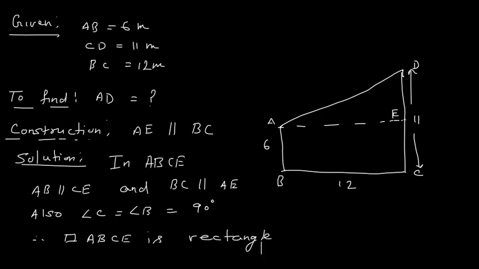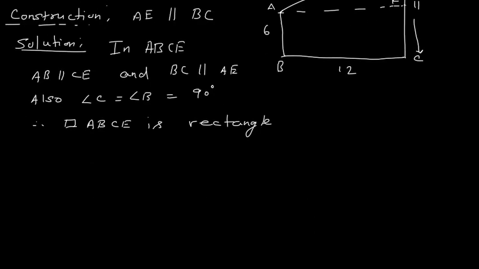So this ABCE is a rectangle. So therefore I will say that AE is equals to BC is equals to 12 meter, and I will say that AB equal to CE is equals to 6 meter. You can consider this as equation 1.